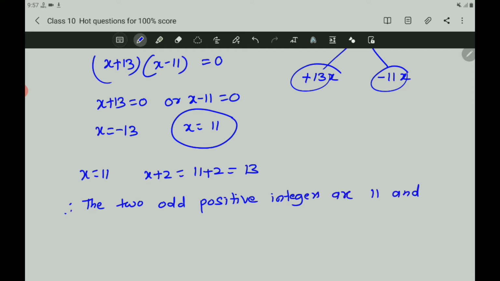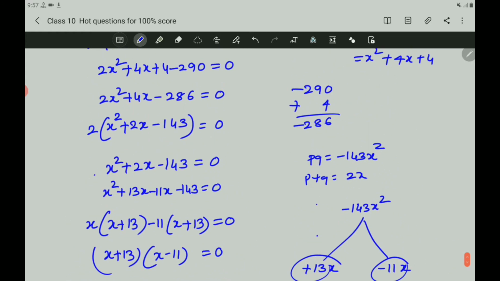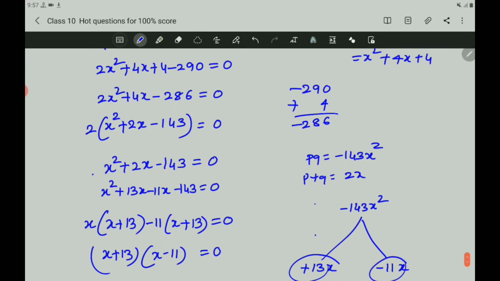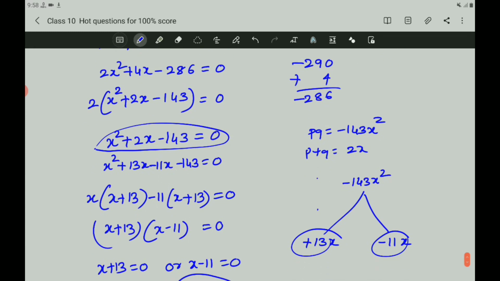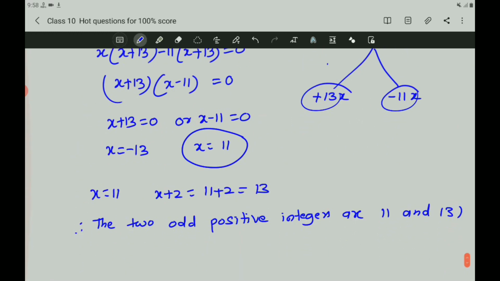11 and 13. Children, if you don't know how to factorize, then you can use the formula here. By using the formula and simplifying that relation, you will get the value of x. So if you want to solve it by using the formula, that also you can use here.